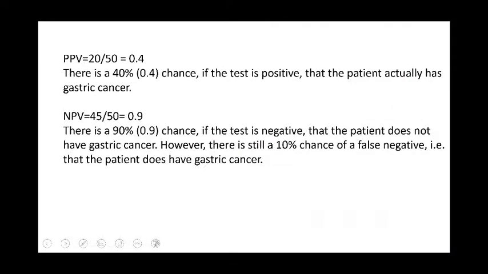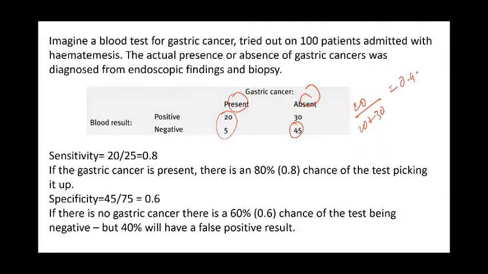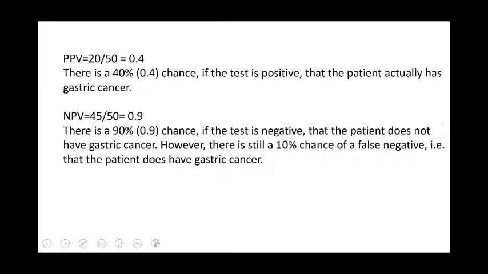So if the test is positive, there is a 40% chance that the patient actually has gastric cancer. Now we come to negative predictive value, which would be 45 negative by all the negatives, 45 plus 5. So it is 45 by 50, equal to 0.9. So 90% negative predictive value.